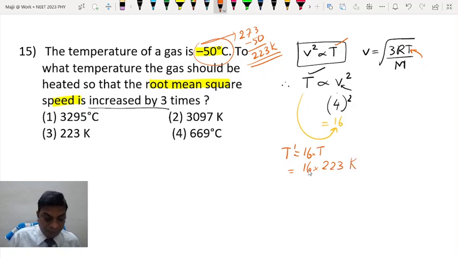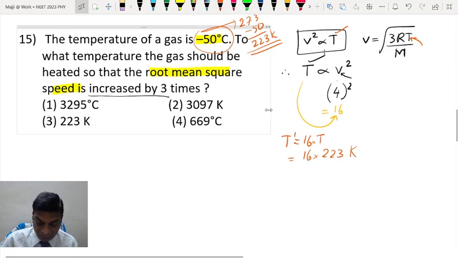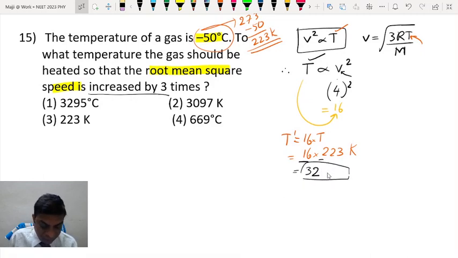Now here, as you can see, just see this, 16 twos is 32. So in Kelvin itself it is going beyond 3200. Okay, and then we have to subtract 273 to convert it into degree Celsius.